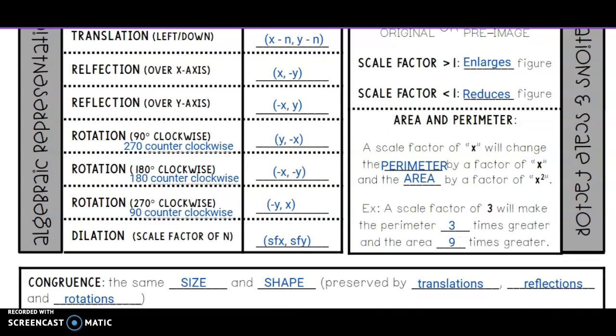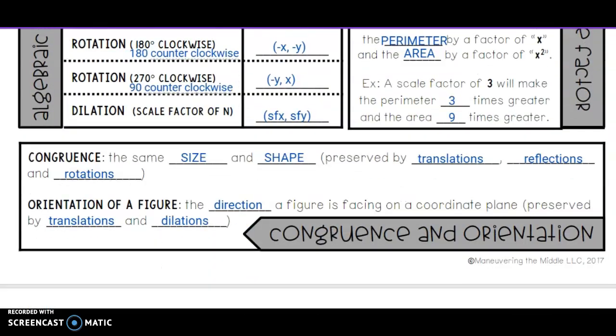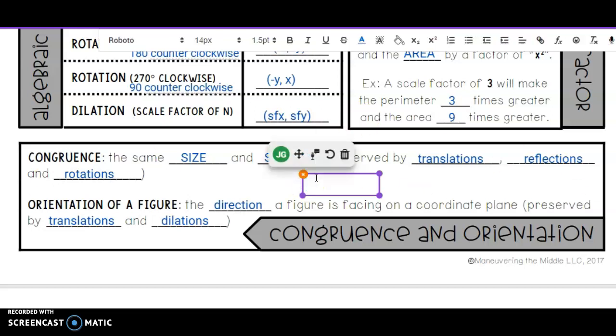Now we have one small section at the bottom of your notes, and this is going to talk to us about congruence. Congruence of the figure and the size and the shape. So congruence is preserved. Make sure you put that word in there somewhere. Preserved means to stay the same, and that is what congruence means.